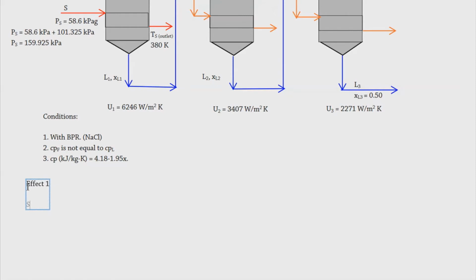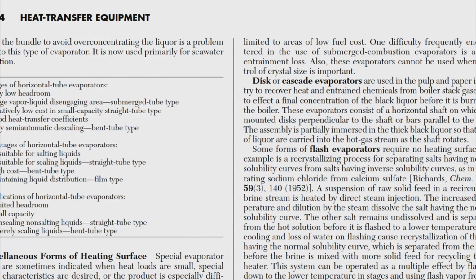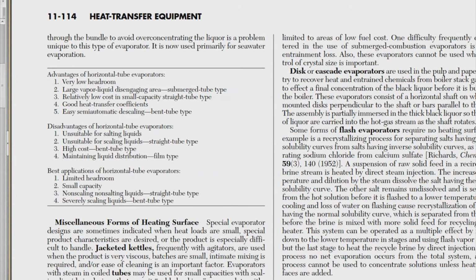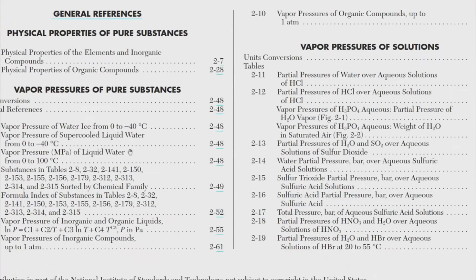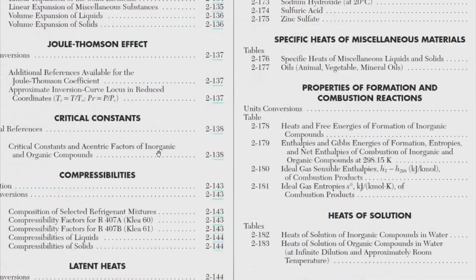So, yung ating steam, we know naman na pumapasok siya at this absolute pressure 159.925. So, you can find a value for the temperature at that point. Syempre, pag hindi sinabi sa problem kung siya ba ay superheated, i-assume nyo lagi na siya ay saturated.